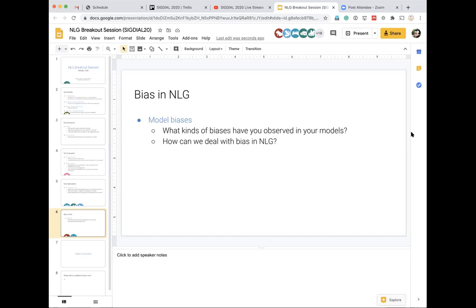They don't want things like that to be said. So how do you incorporate different cultures into your system such that it's more mindful of what it's saying? It's not necessarily just hate speech. It could be a normal utterance that is just offensive to someone because of the culture they live in.